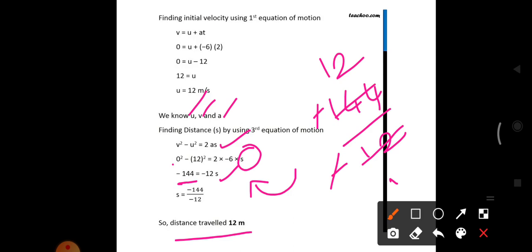Do you understand how to calculate the value of v, u, a, t? Using the equations of motion v equal to u plus at and s equal to ut plus half at squared. Otherwise, you can calculate v square minus u square equal to 2as. Using these three formulas, we can calculate initial velocity, final velocity, acceleration, time.